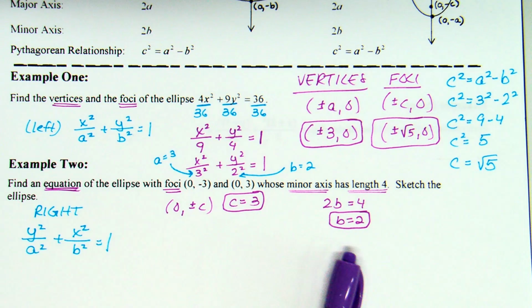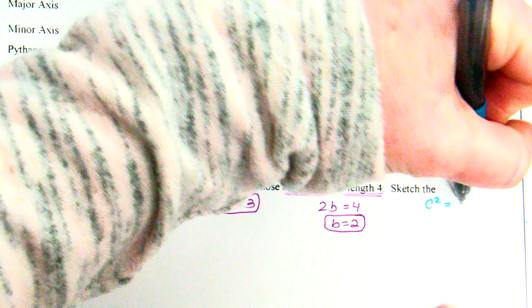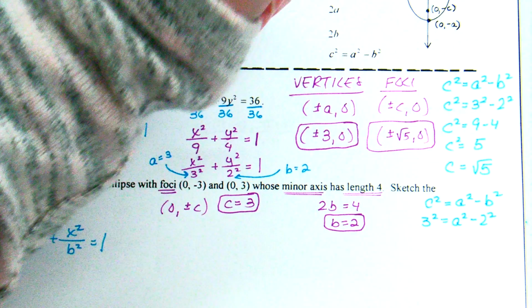And guys, whether it's ellipses right now, or when we get to hyperbolas, it's going to be the same thing. A, B, and C. If you know two of the three, you can always find the third. Okay? So my Pythagorean relationship, C squared equals A squared minus B squared. So 3 squared equals A squared minus 2 squared. Do the math.